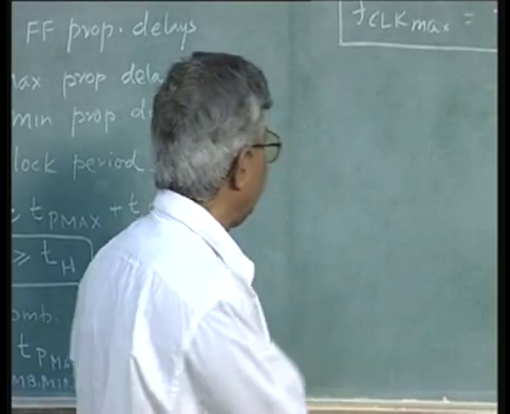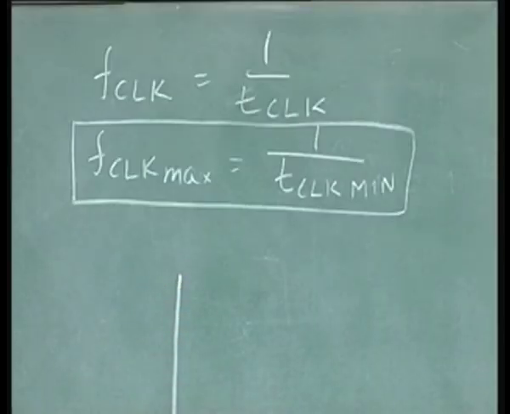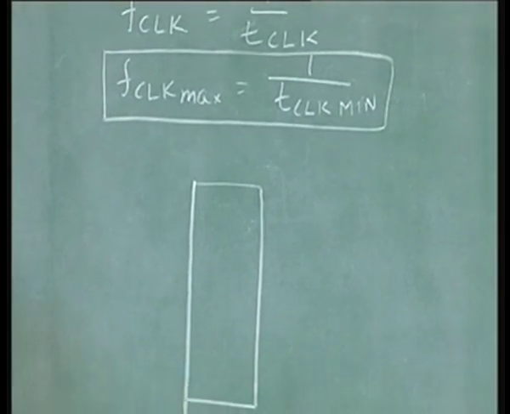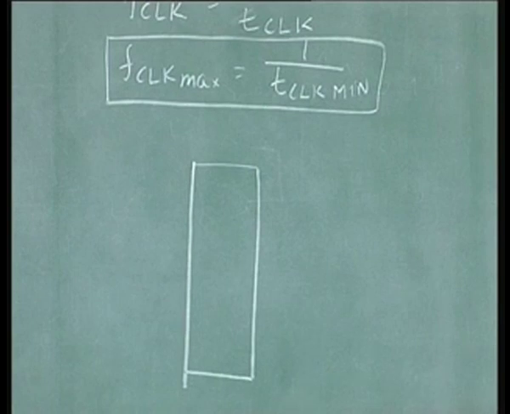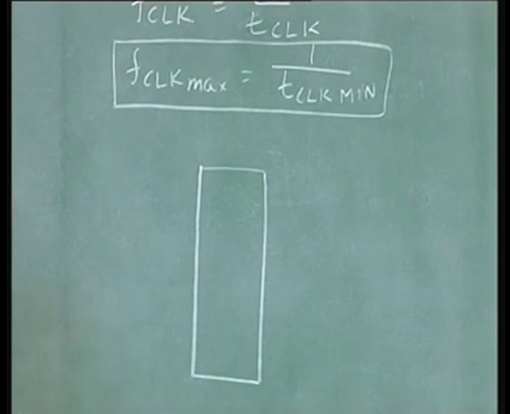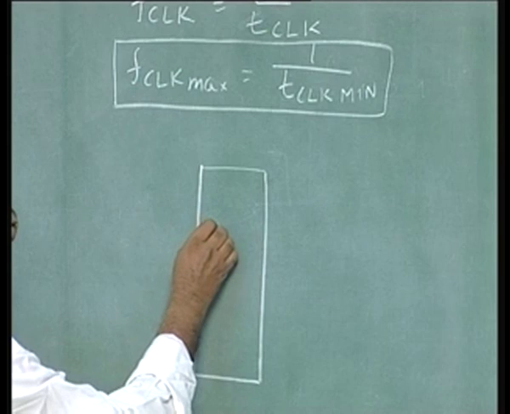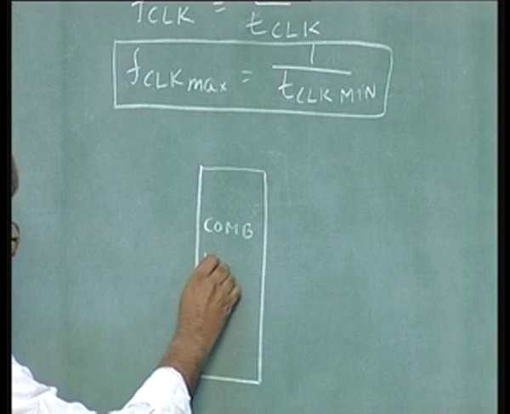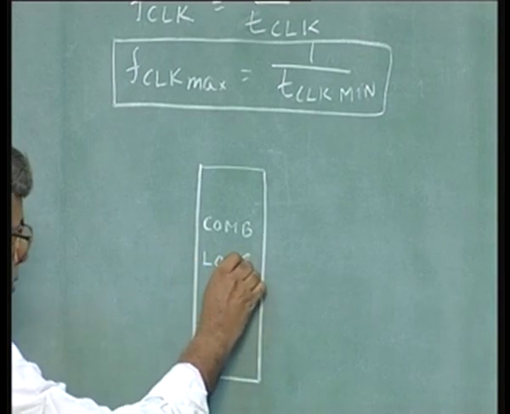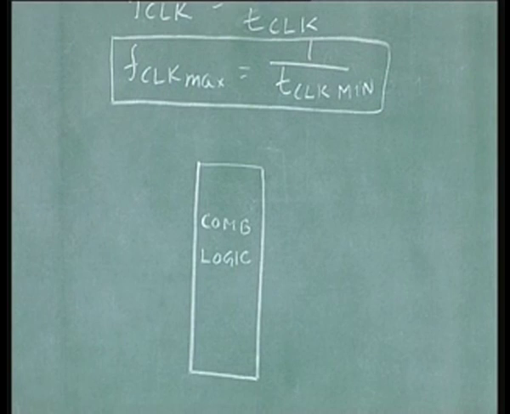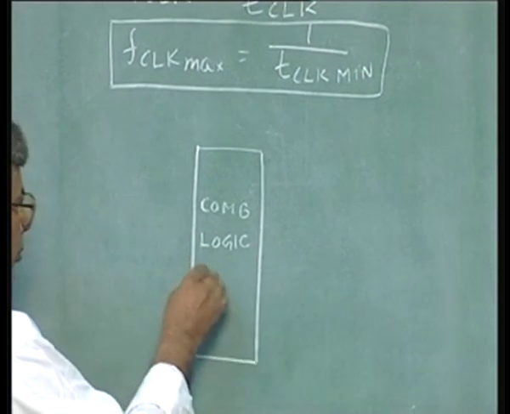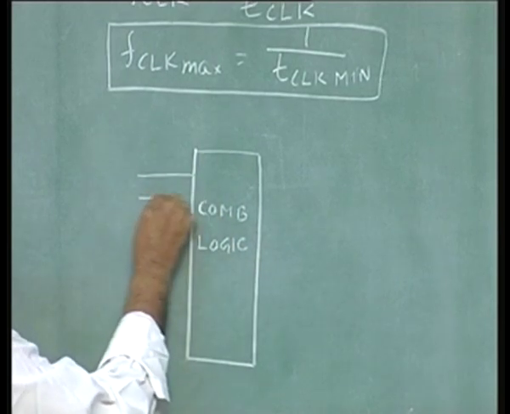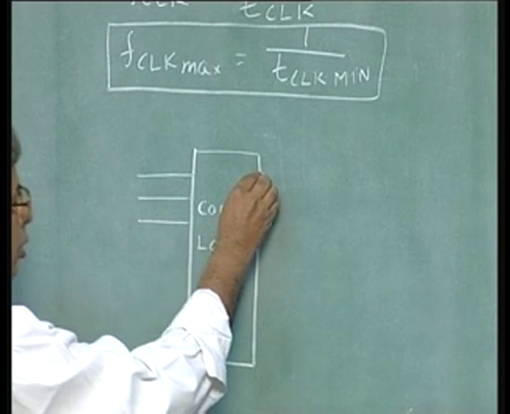So, we have the typical representation of a sequential circuit as a block which is called the combinational block really, because as I said this is actually a combinational logic. There are inputs to the combination logic and outputs of the combination logic.